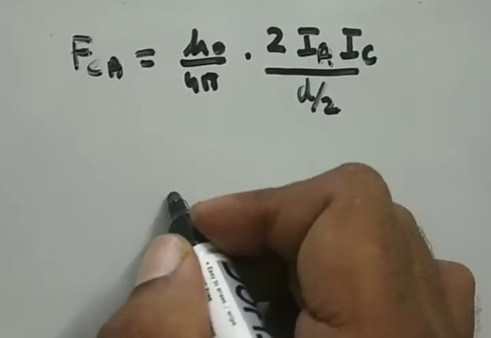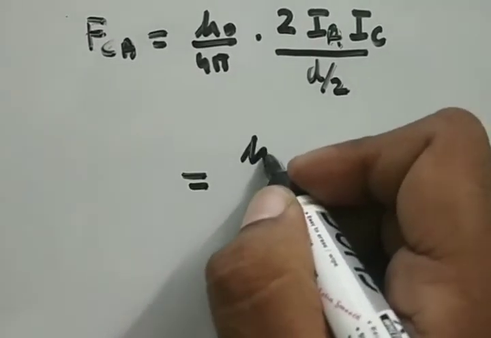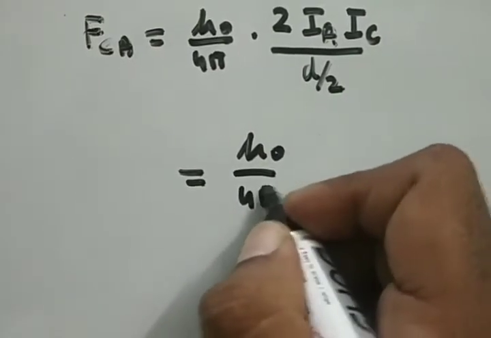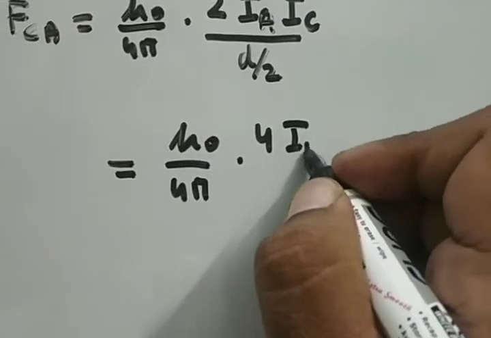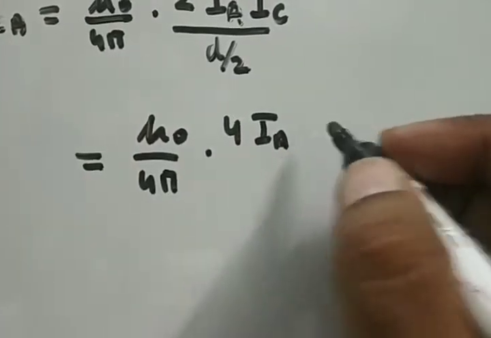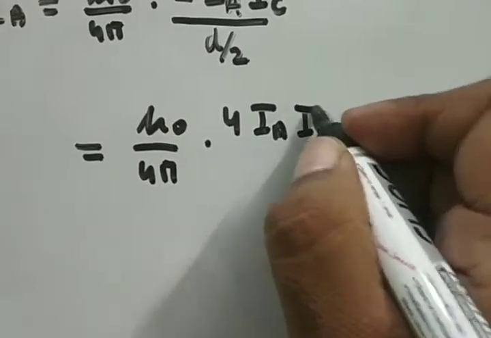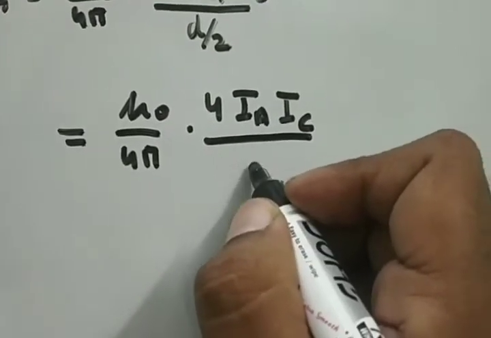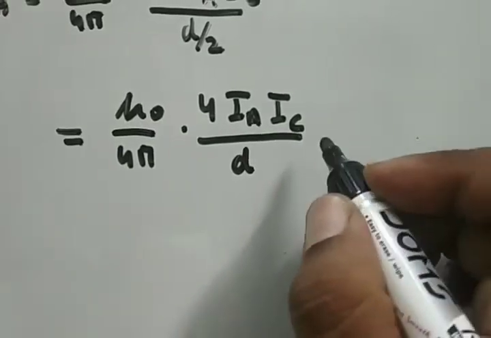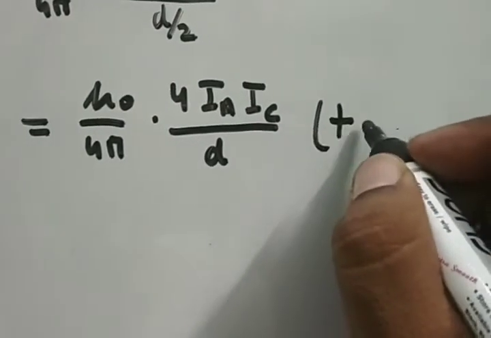We simplify it, so it will be mu naught upon 4 pi, 4 IA IC divided by d, and that direction is towards right.